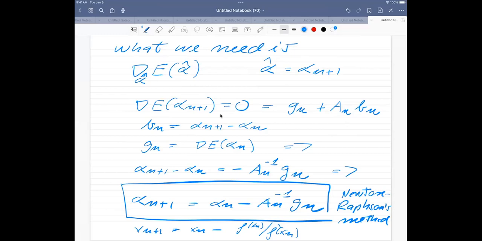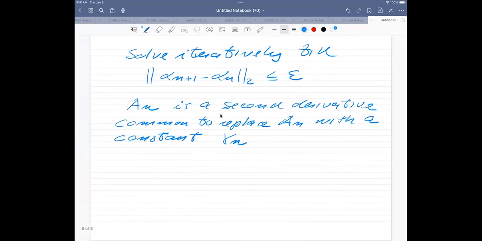But today we will stay mainly with the basics of the Newton-Raphson methods, but where we now are going to replace this second derivative with a parameter. And this parameter gamma of n is something which we can set to a constant and just keep as a constant. So if we make it small, then you will barely move when you multiply with the gradients towards the minimum. If you make it too large, you will jump away from the minimum. So this is a parameter which needs to be fine-tuned.